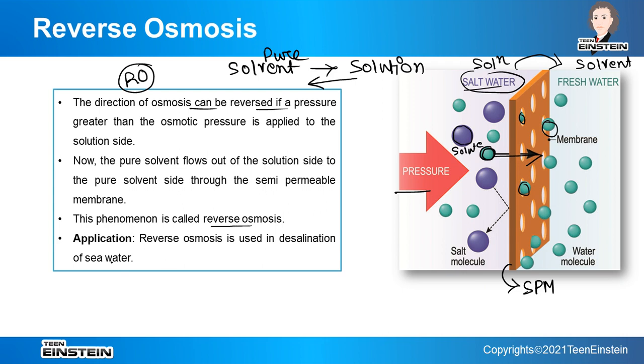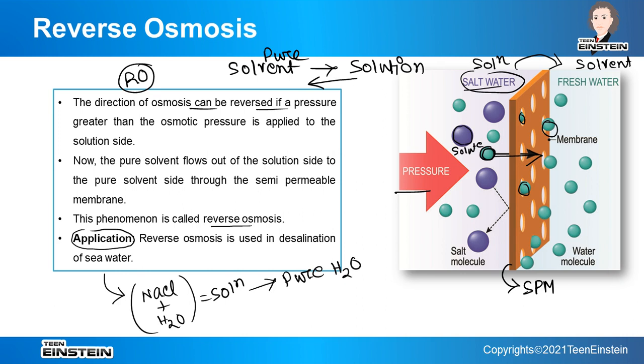A very important application is that this process is used for desalination of seawater. We know in seawater there is NaCl present with the water. From the seawater, which is a solution, if we want to get pure water, then obviously normal osmosis will be of no use. We need reverse osmosis, and osmosis is a natural process, but reverse osmosis is not natural.